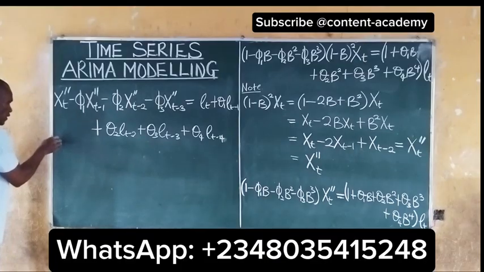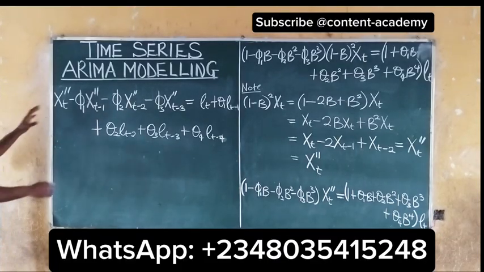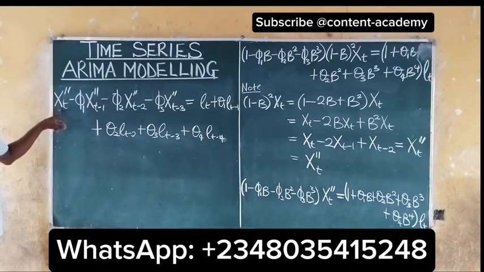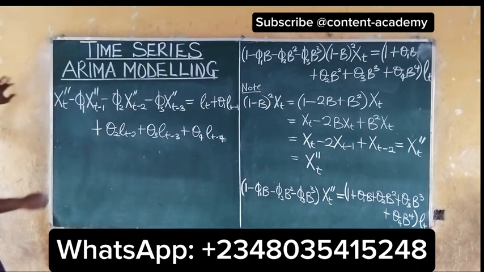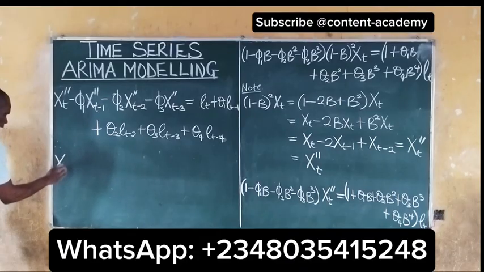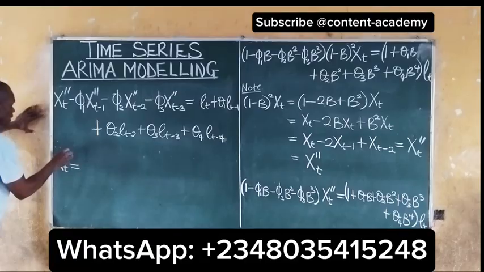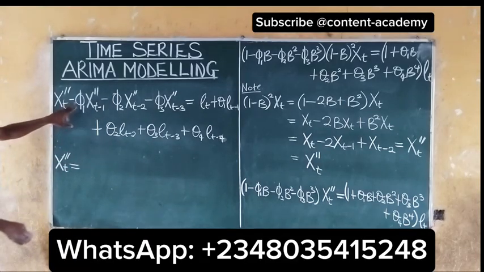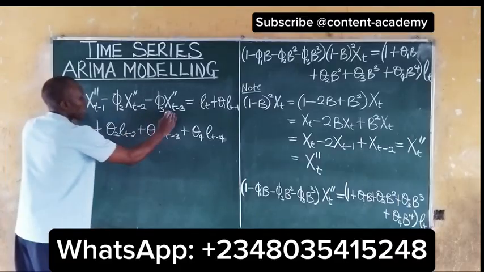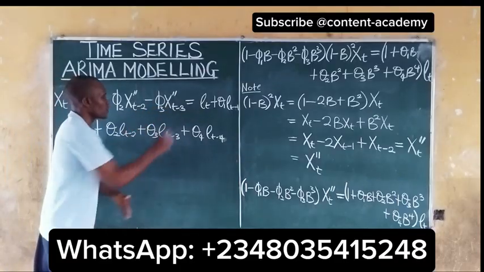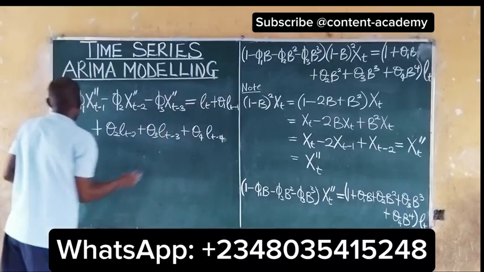Now, it then means that we can make this the subject of the formula. We can write it as Xt'' to be equal to this. If you move the whole of this part to the other side of the equation, you have it as positive.